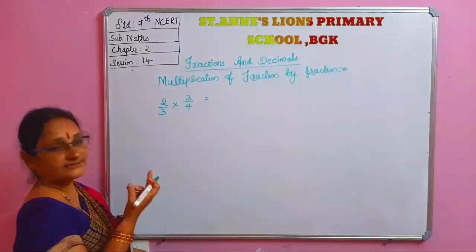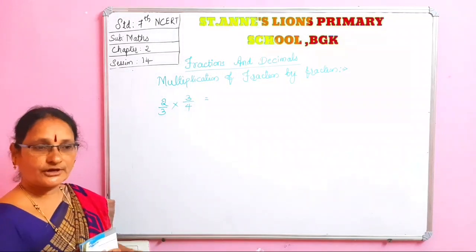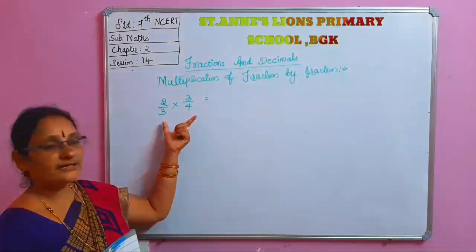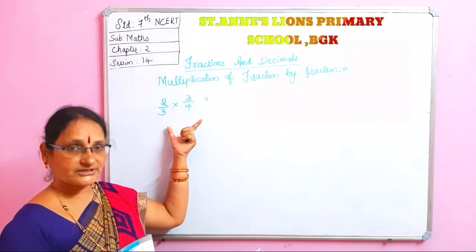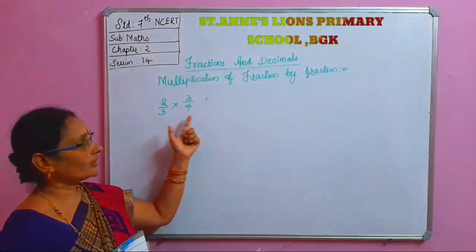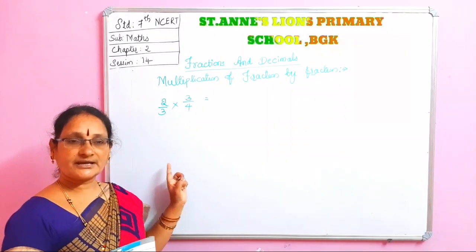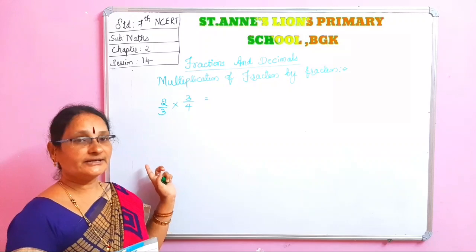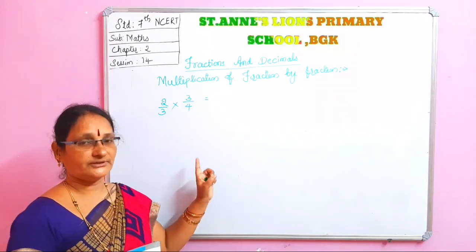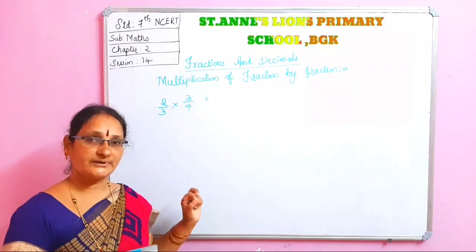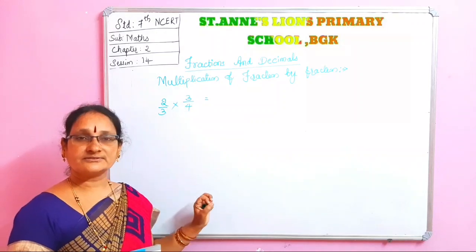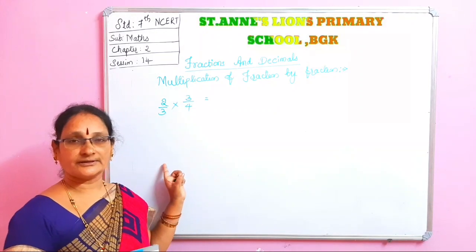And one more thing you have to remember: in multiplication and division, there will be no LCM of the denominators. LCM is taken only for the addition and subtraction of fractions. Please remember. Most of the students make the mistake in this only.